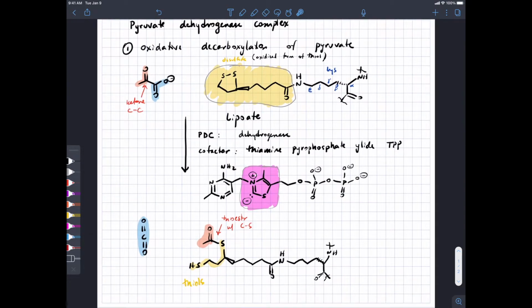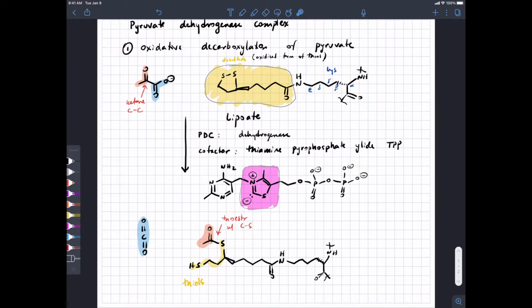So that looks like magic mystery chemistry at this point. And I realize that's a lot of stuff to draw. Questions so far about what happens? We're going to talk about how it happens, but the what is important.